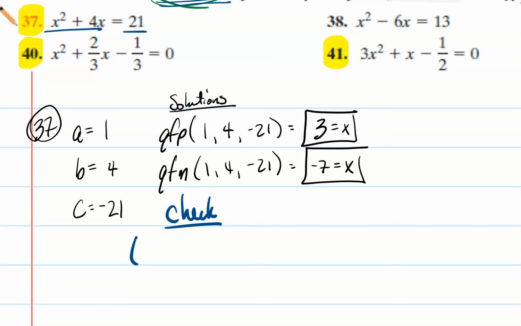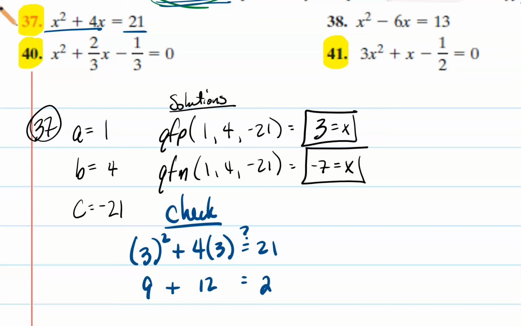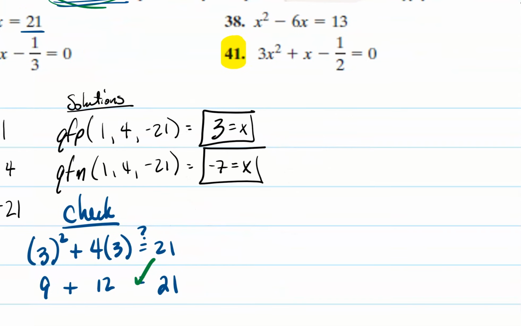So a quick check can verify that. Does 3 squared plus 4 times 3 equal 21? That's the first check. Well, this becomes 9 and 12. Does 9 plus 12 equal 21? It sure does. So that answer is good.